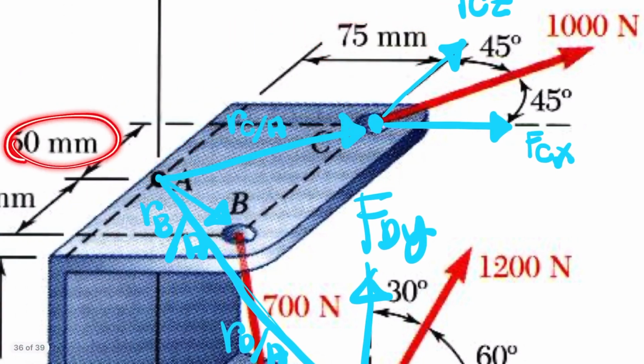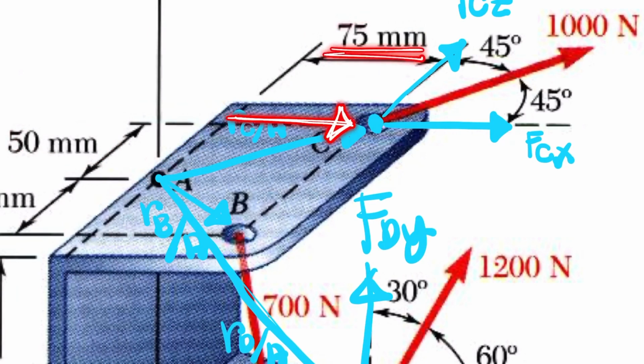Unit is millimeters. Again, ano siya itong RCA? Na siya side, na siya doha ka side, or kung ano siya hypotenuse. So na siya distance along x-axis, na po siya distance along z-axis. Along x, positive, kaya padulong sa right, yung positive 75 ay along z-axis, padulong dito sa likod, so negative 50.